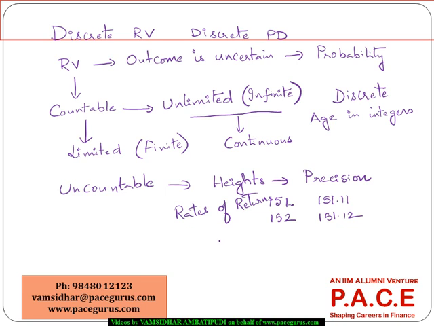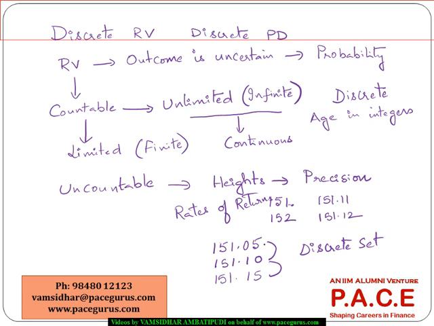Probably if I am talking about stock prices, though almost any price is possible, the stock prices will increase in steps of, let's say, 5 paisa. So though there are unlimited possibilities, I can't get 151.08. So it's still countable, a discrete set.